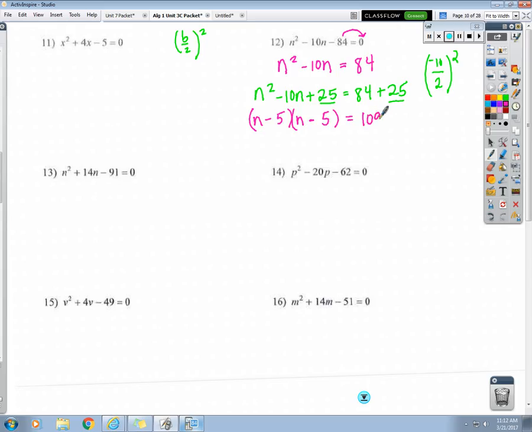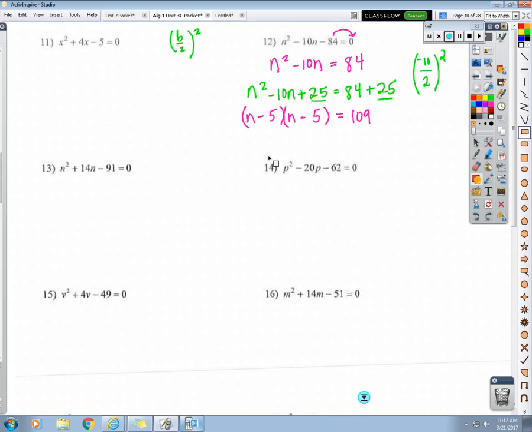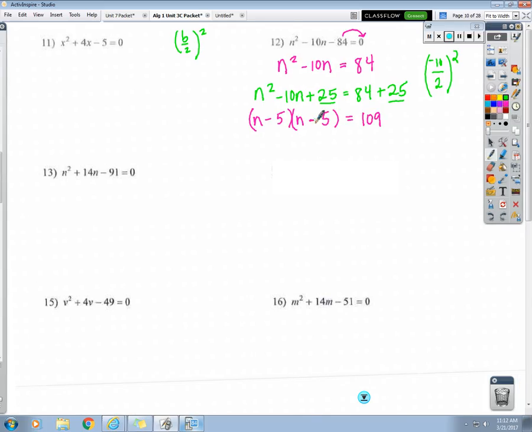Right. Okay, so now, since these match, and they always will if you've done everything right so far, you can write it as a binomial squared, which means write it once, but since it's the same thing, just square it to show that there's two of them. Then on the right, you just bring down the 109.